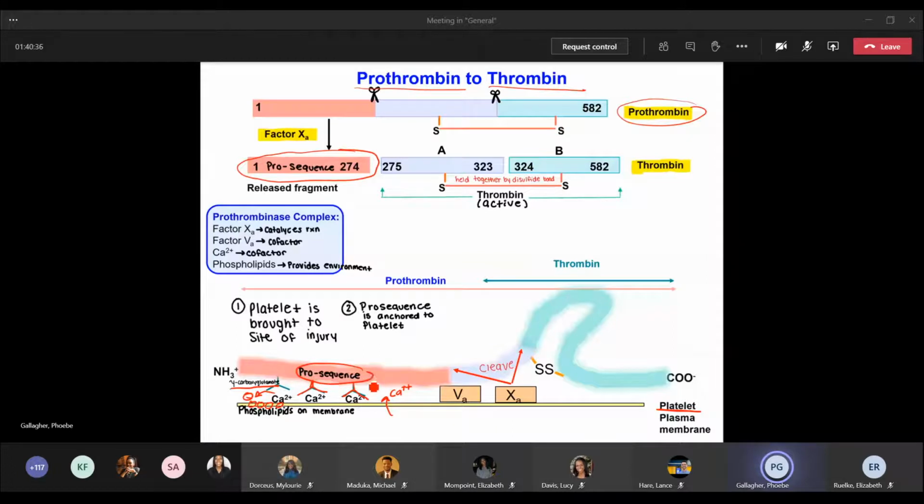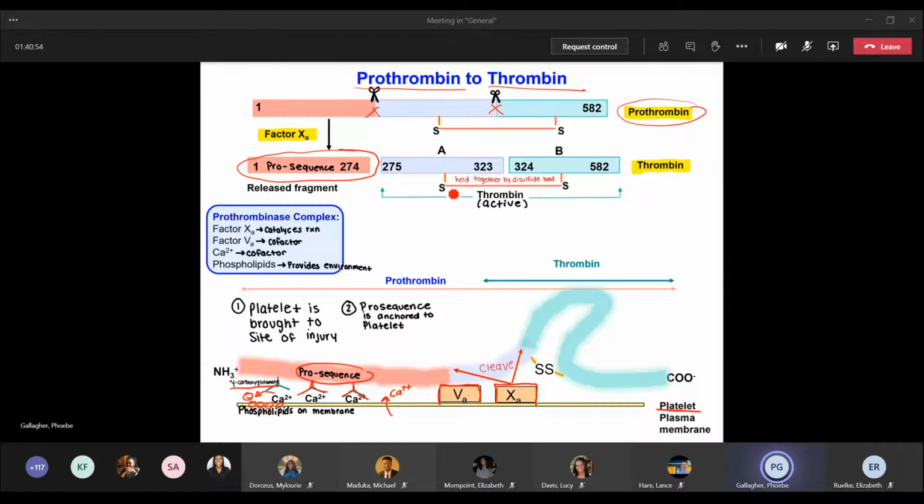So because it binds to the membrane of the platelet, it brings the prothrombin close enough to these other factors that are bound to the membrane of the platelet, factor 5 and factor 10. And factor 5 and factor 10 both kind of work together to do the cleaving here and the cleaving here.